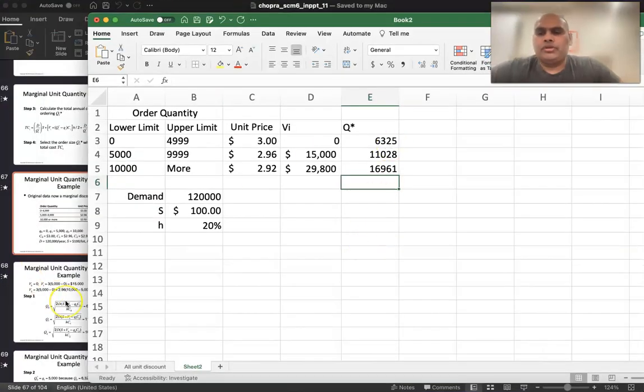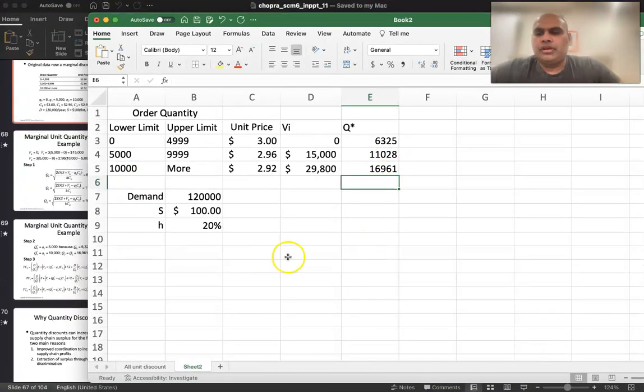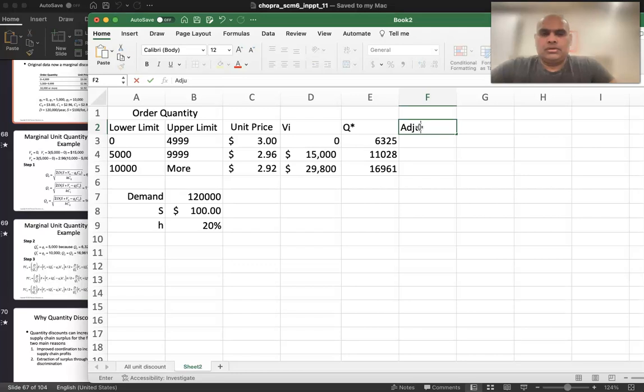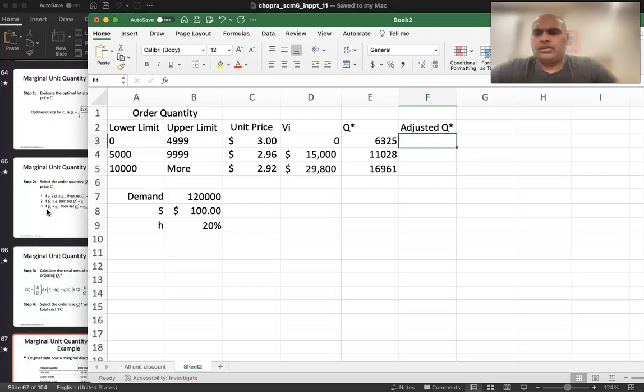Now what do we do? The next step is we have to adjust these values of Q star, to decide which are the values that we're going to keep. So we can say adjusted. What are the rules here?